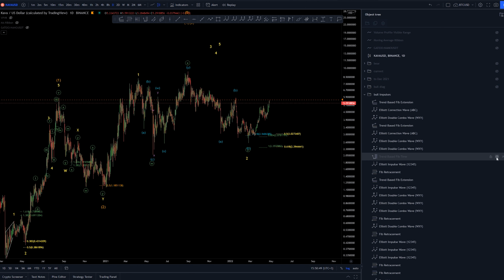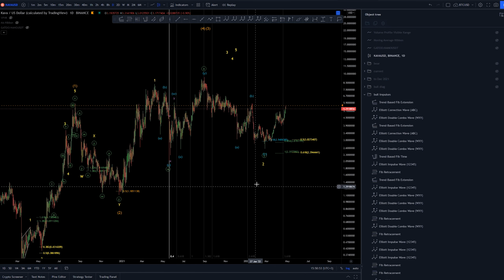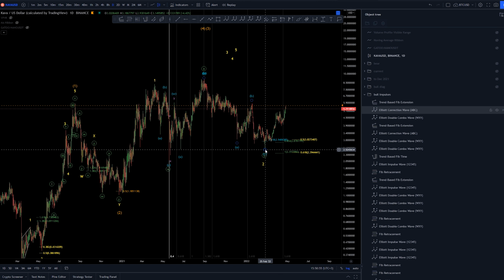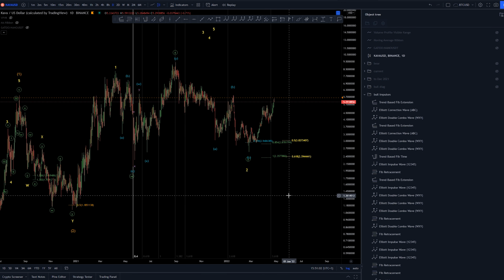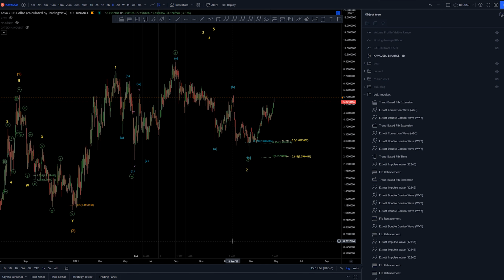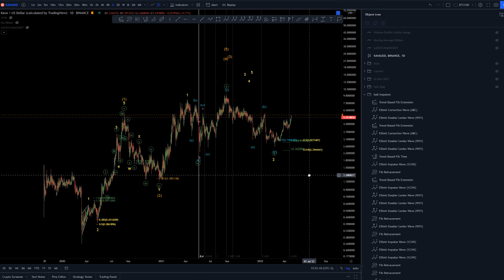using more time. Now the other issue with this count is that wave 2, if the low is here as February 24th, is using so much time that it is also really unlikely, making this whole count a bit weird and really unlikely to me.